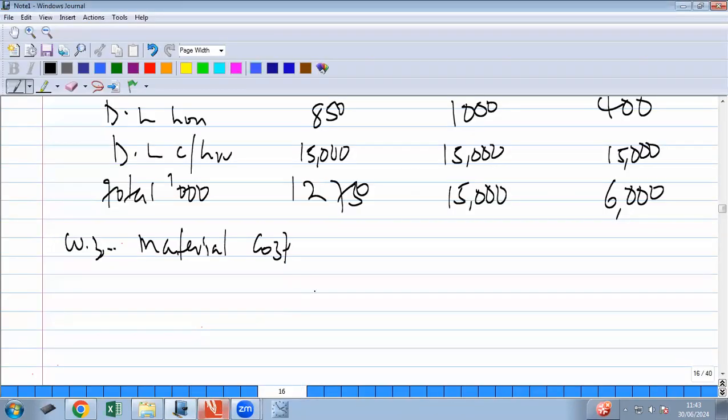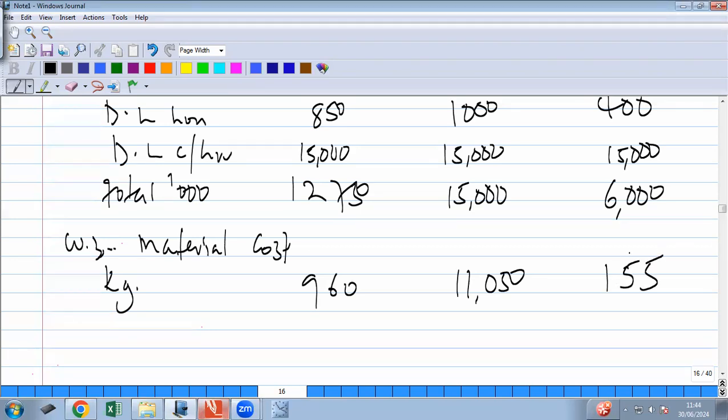So you start with kilograms for the products, for cassava. How many kilograms? 960. Then for starch, 11,050. And for dairy feeds 155, like this.